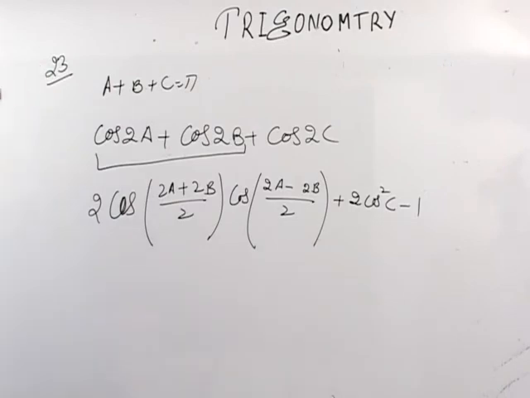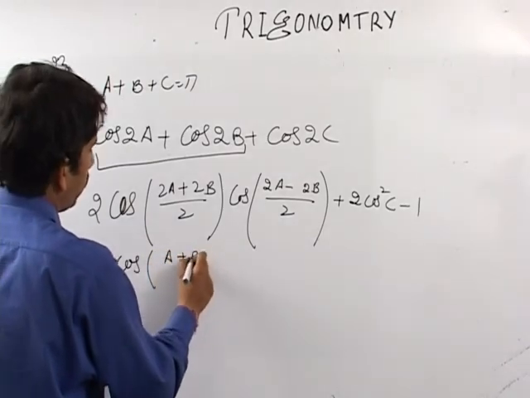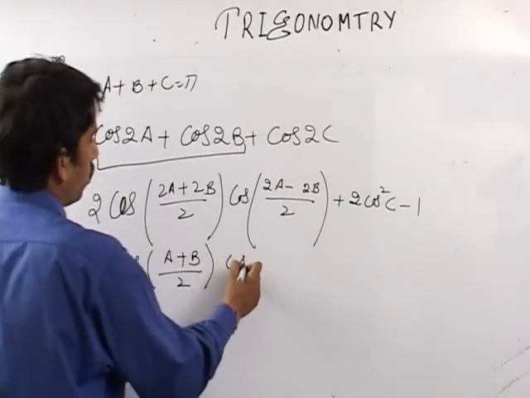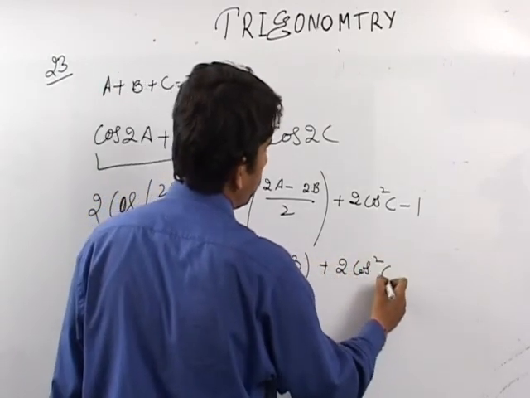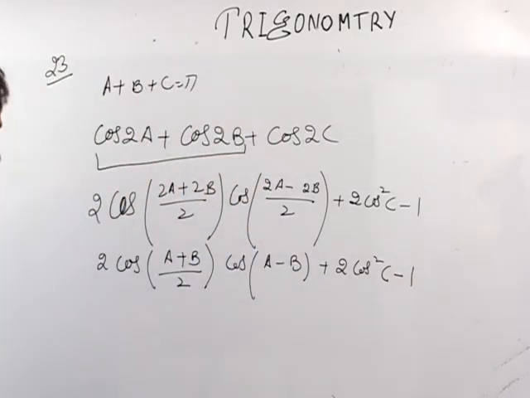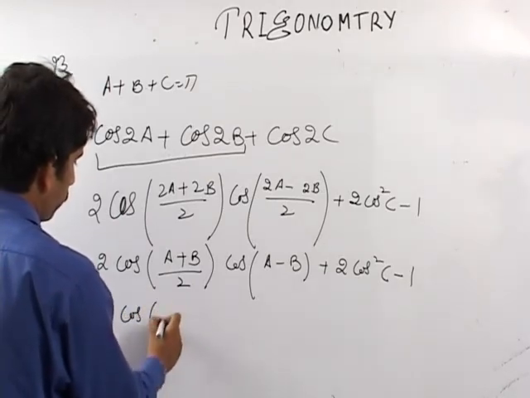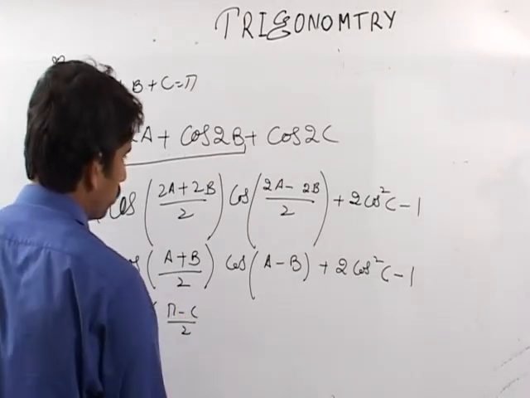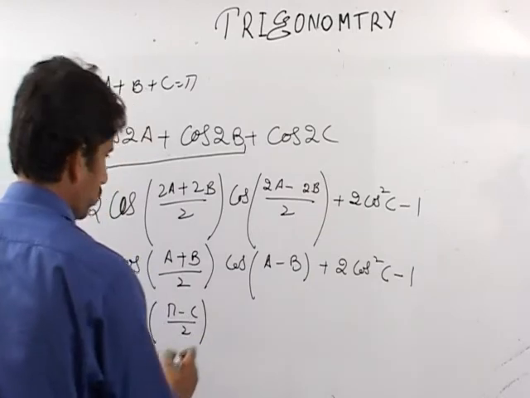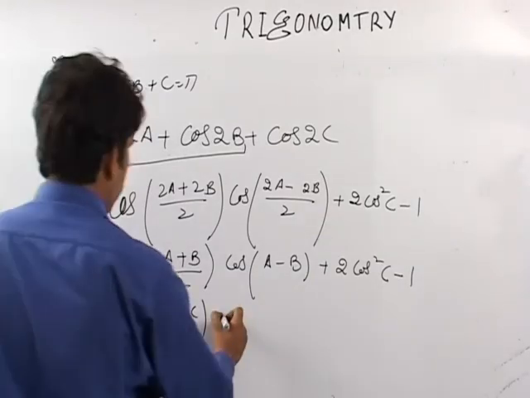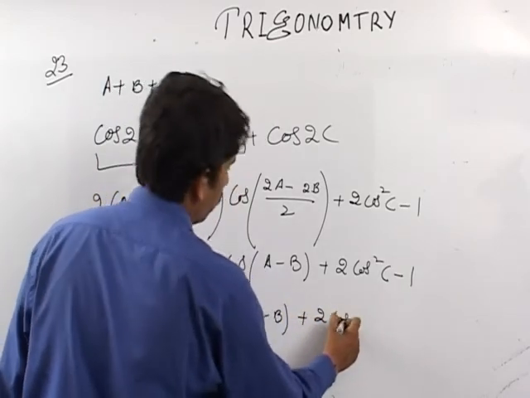Now this will be equal to 2 cos of (A plus B) over 2 times cos of (A minus B), plus 2 cos square C minus 1. And this A plus B is nothing but pi minus C.